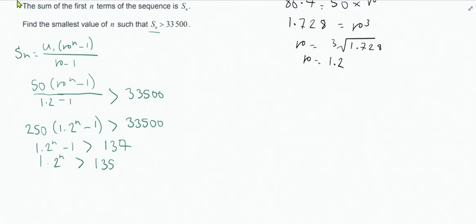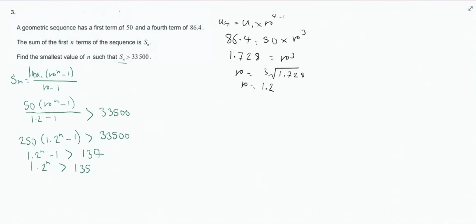As there is a power n, we have to bring in ln here. So we can write n ln 1.2 compared with ln 135.